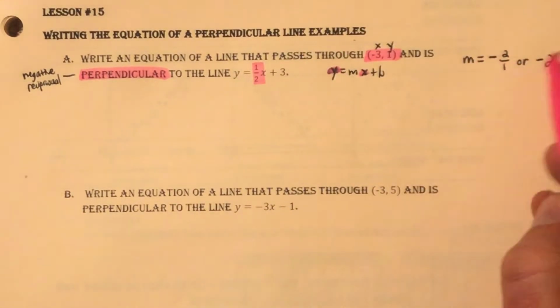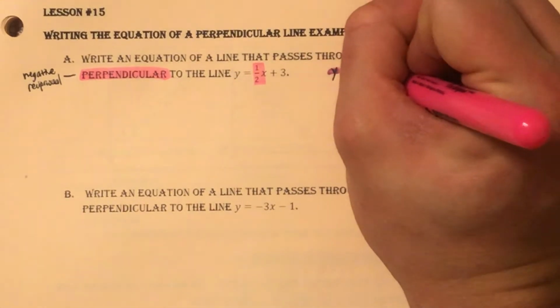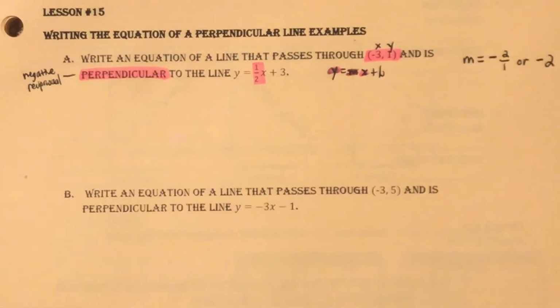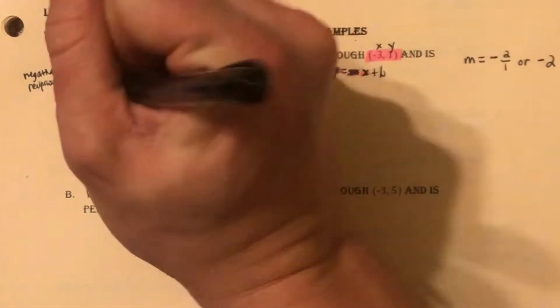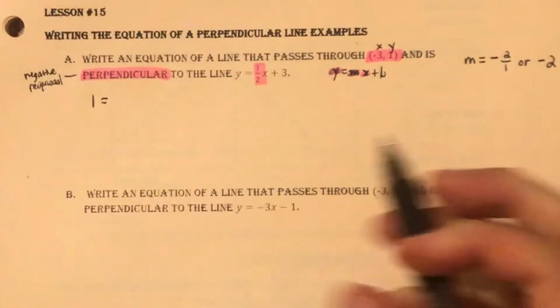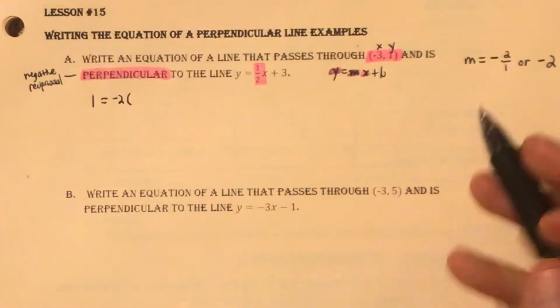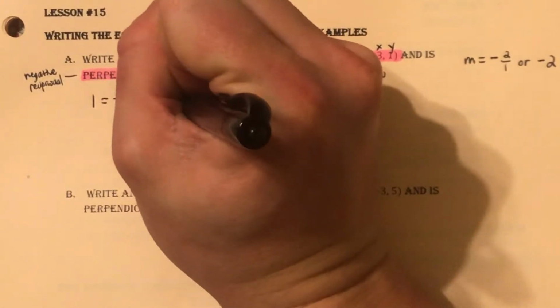Then I need to take my slope and plug it in here, which is going to leave me with just the b, which is the y-intercept, and I can solve. So let's do that. So y is 1, so 1 equals, m is -2 times x, which is -3, plus b.